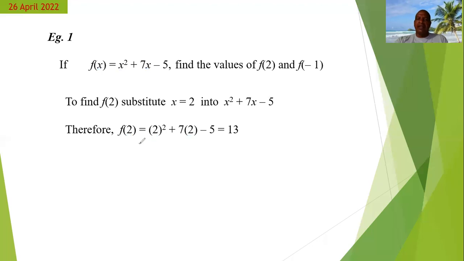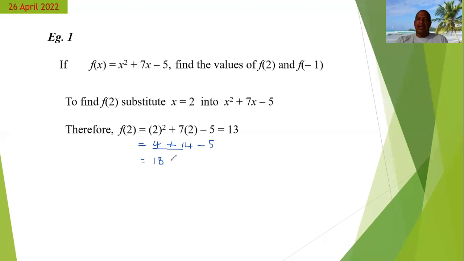If we square 2, we get 4. Then we multiply 7 times 2, we get 14. Then minus 5. So we could go ahead and just quickly add the positive values, and that will give us positive 18.